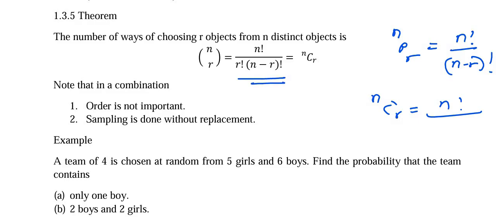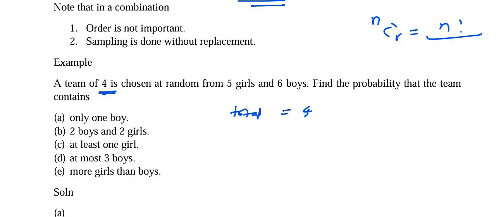Even on your calculator, there's a button that has n choose R and a button that has n permutation R, to show that there's a difference between permutation and combination. And here, the sampling is done without replacement. So when we pick something, we don't replace it back. These are the two conditions for combination to happen.